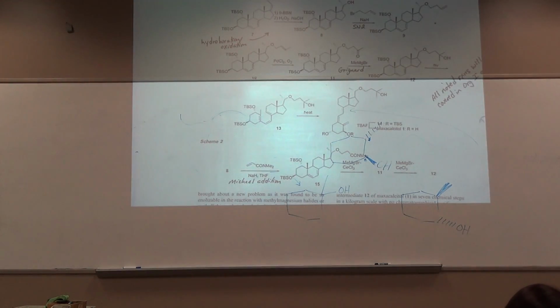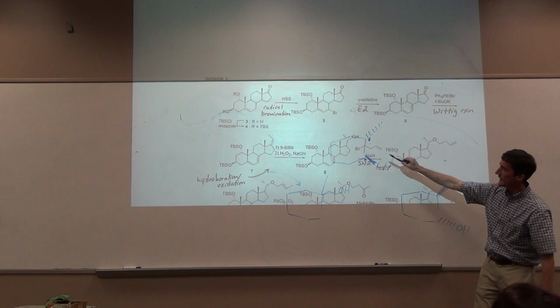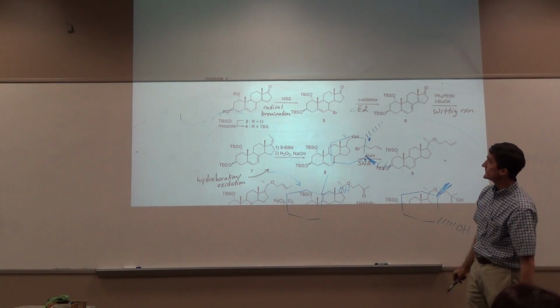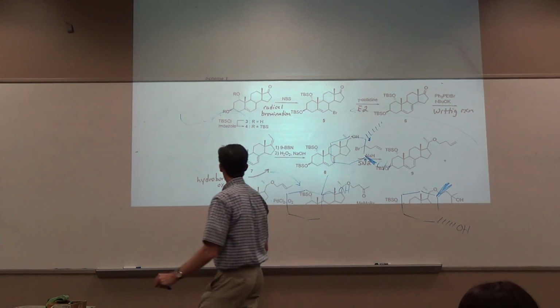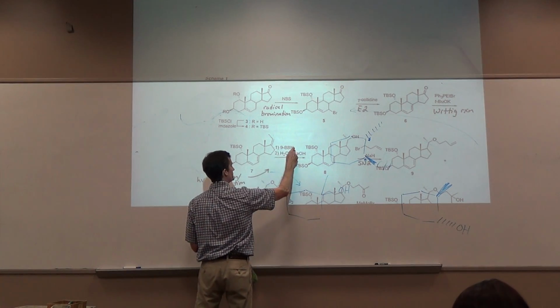You can read the first page. Every place I've handwritten, these are reactions that we will eventually cover. If not here, in organic 2, that's organic 2 reactions, Wittig. But I think there's a, what's happening right here?